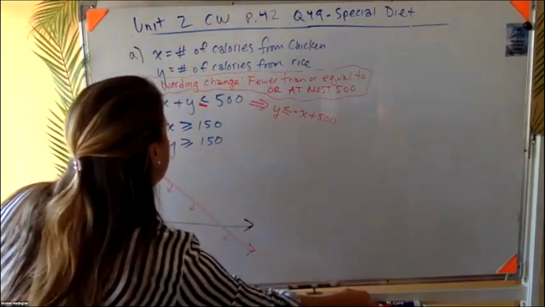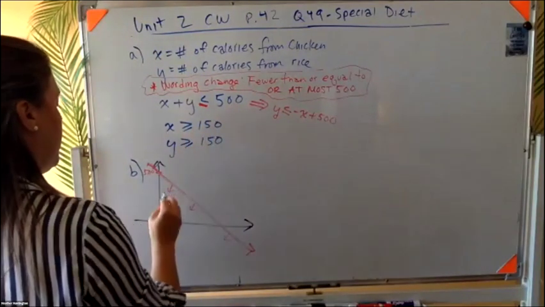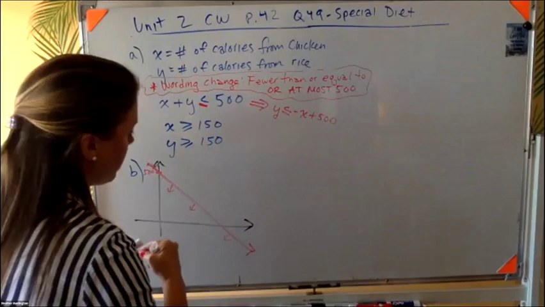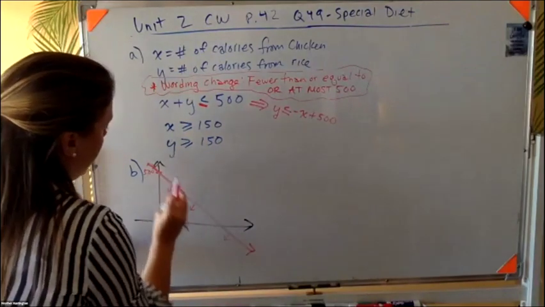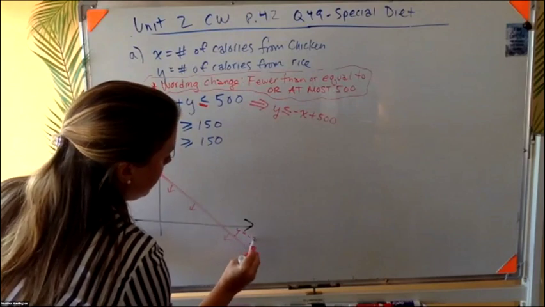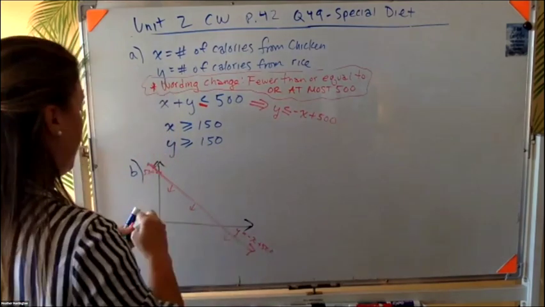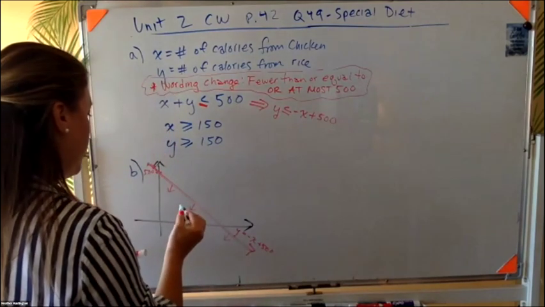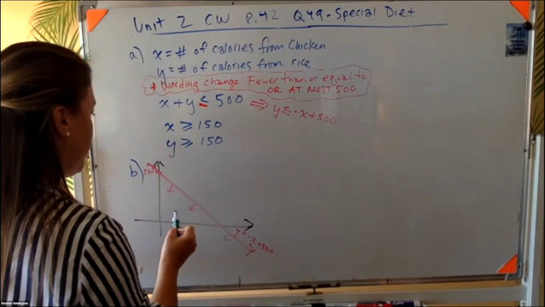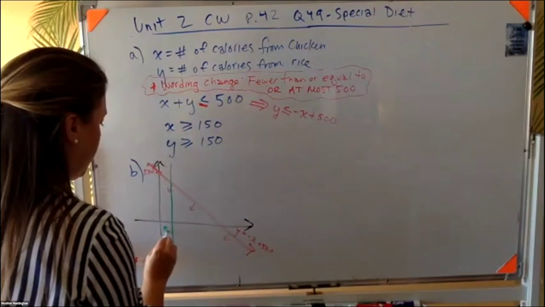And then I'll do this one in green. On this line, Y is equal to negative X plus 500. And then X is greater than or equal to 150.